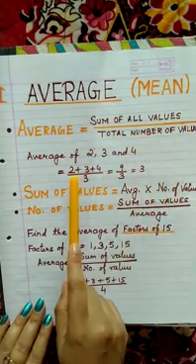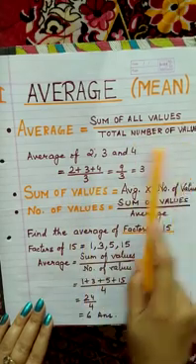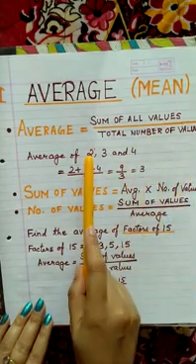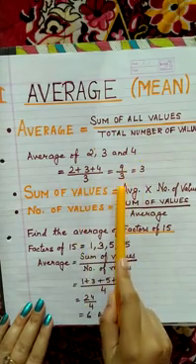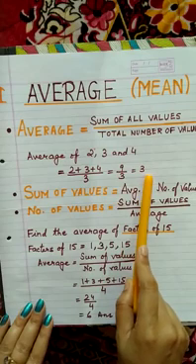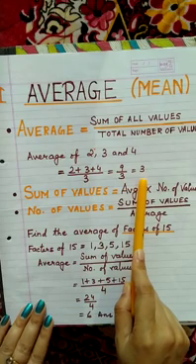So we write 2 plus 3 plus 4. We have to divide by total number of values. Total number of values here is 3. So we have 9 divided by 3 is equal to 3. So this is how we find the average of a given set of values.